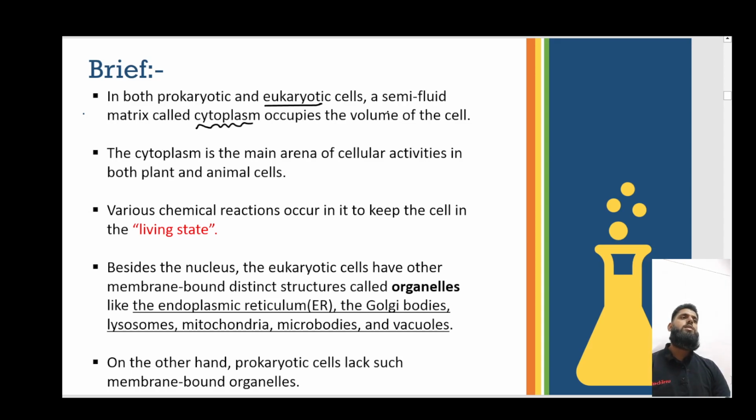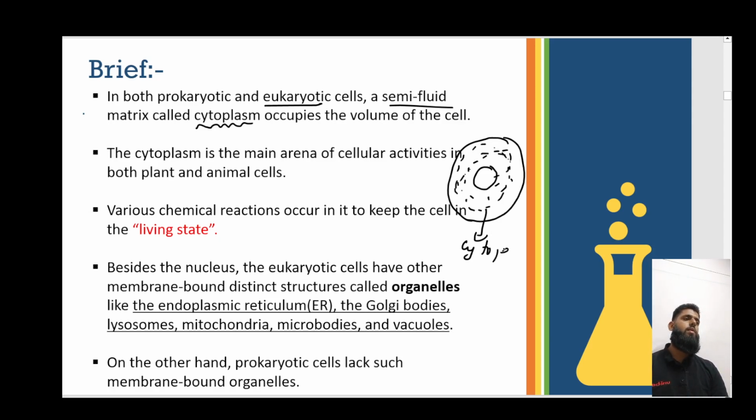Cytoplasm is a semi-fluid which is present in the cell. Suppose this is your structure of a cell. Here you have the nucleus. We are talking about a eukaryotic cell, and this whole structure is known as cytoplasm, a jelly-like structure.